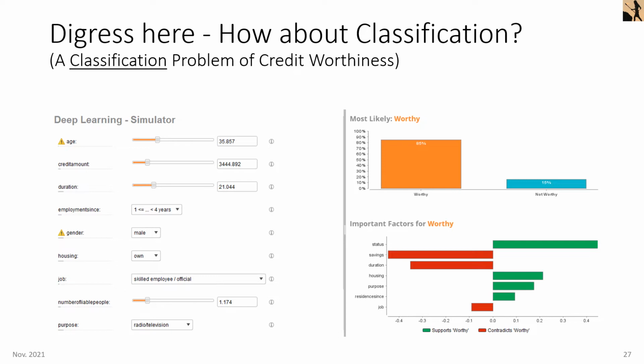For a classification problem, for example this binary classification, we show as a result just two confidence levels, and the winner is the higher one. It's at 85% confidence, and so the prediction result would be this one.